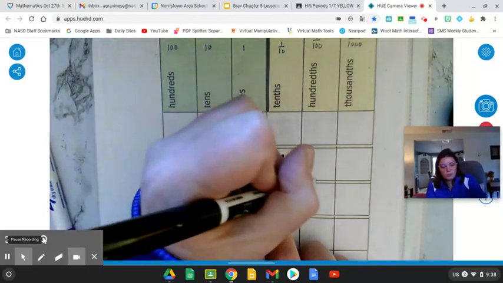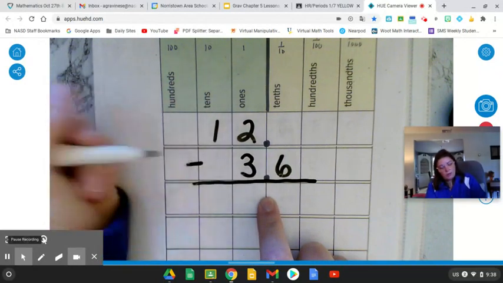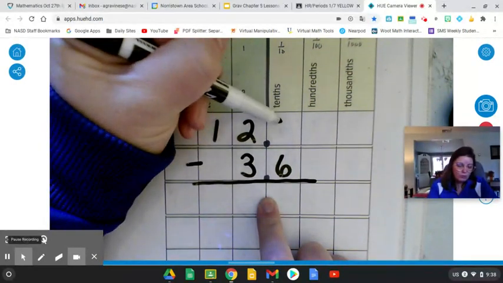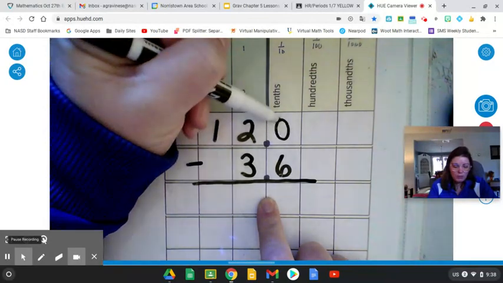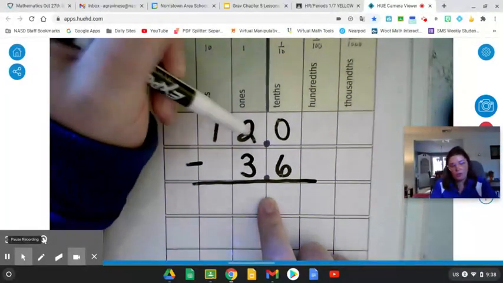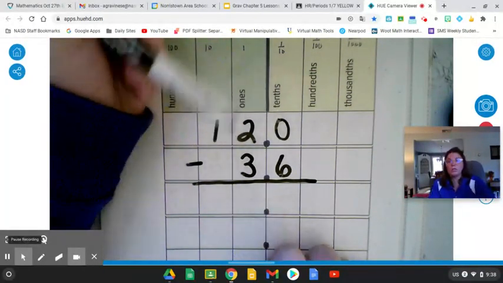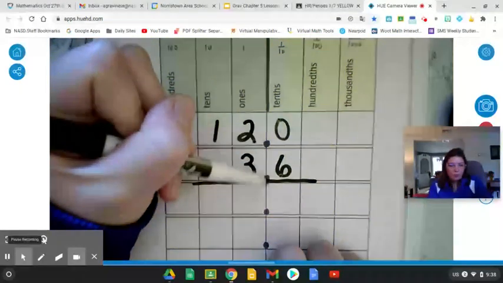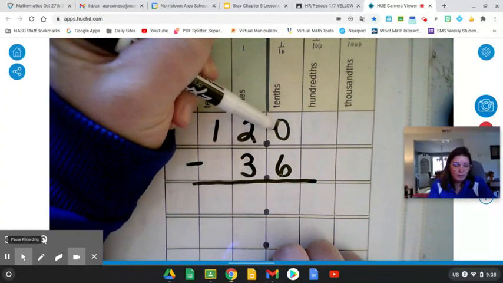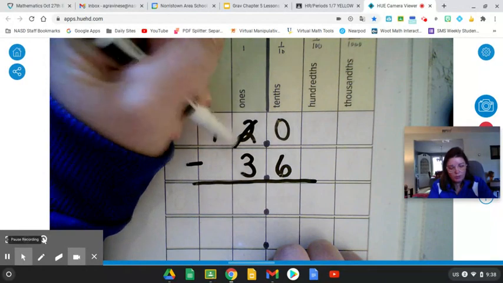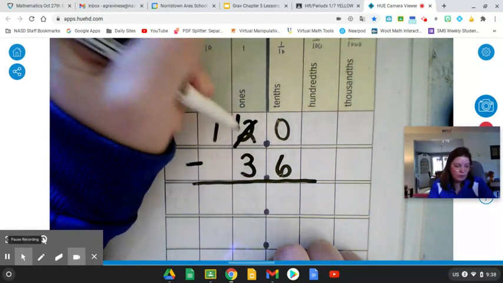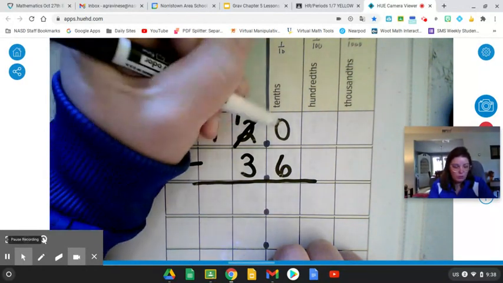Now remember, this was a subtraction problem. So up here in the tenths, I want to put a 0 to show that the whole number 12 has 0 tenths. And now I need to subtract. Decimal points are lined up. I cannot do 0 minus 6 without borrowing. So I reduce my ones place down to a 1.